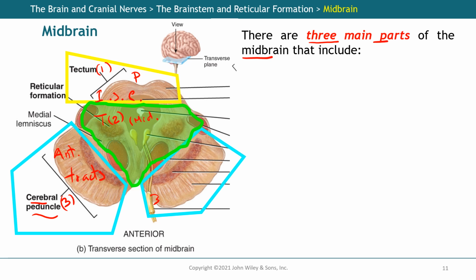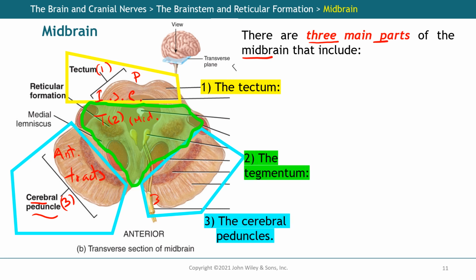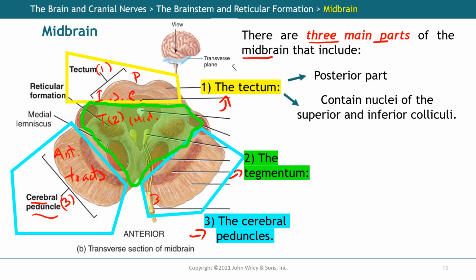So to recap, there are three main parts of the midbrain: the tectum, second the tegmentum, and the third one, the cerebral peduncles. In your textbook, they mainly highlight the tegmentum, and they talk a lot about all the different structures located in the middle area. To summarize, the tectum is located in the posterior part of the midbrain and contains the nuclei for the superior and inferior colliculi.